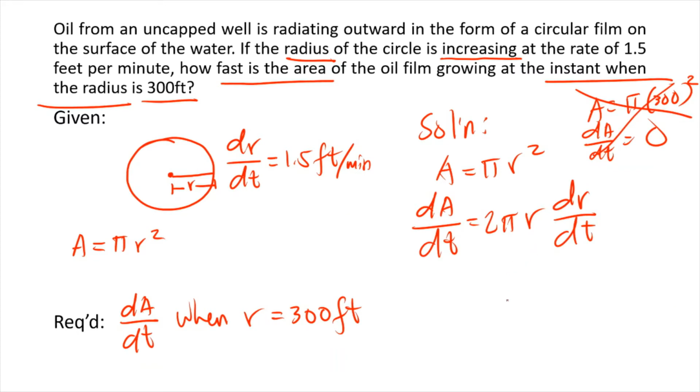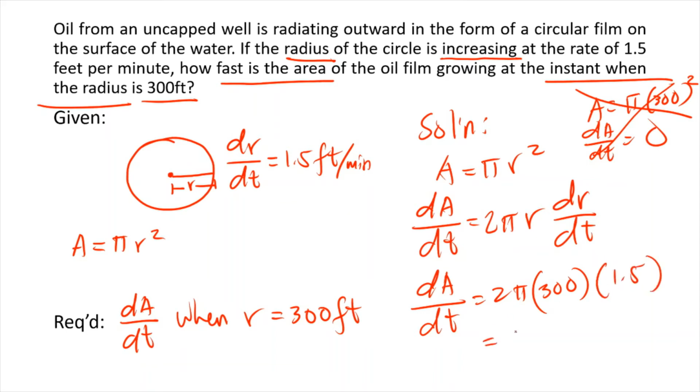So let's continue. Let's plug in the values. We don't know dA/dt. That's what we are after. So 2 pi, the radius is 300, so we can now plug in the value for the radius, times dr/dt, the change in the radius per time, so 1.5.